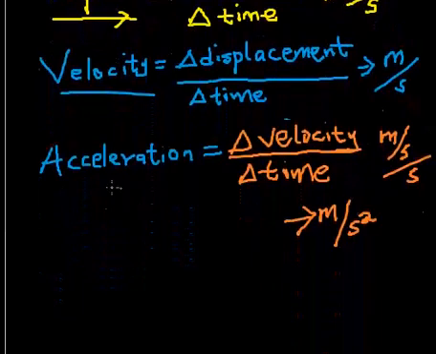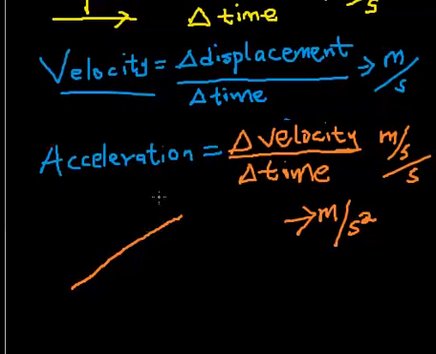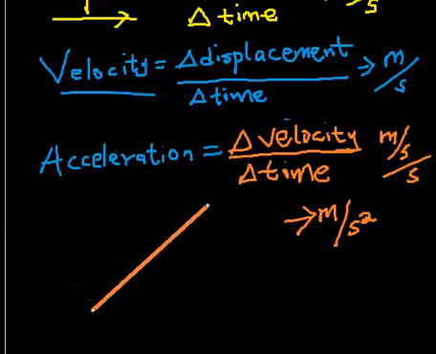An object is said to be accelerating when its velocity is changing. When the velocity of an object is increasing in the positive direction as you measure it with time, we say that object is accelerated.